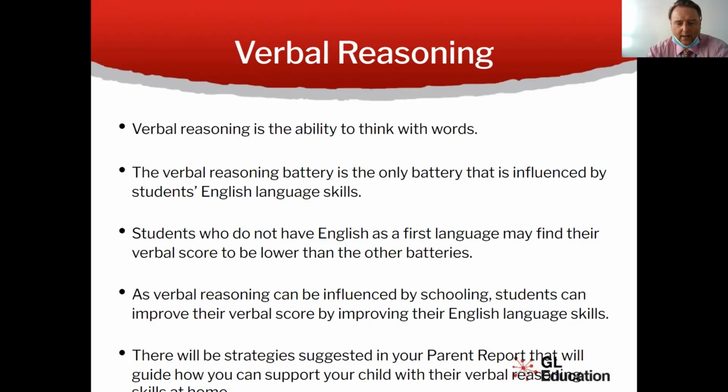They may speak other languages, and that may make it more difficult for them to access language. As verbal reasoning can be influenced by schooling, students can improve their verbal score by improving their English language skills. There will be strategies suggested in your parent report that will guide you on how you can support your child with their verbal reasoning skills at home.